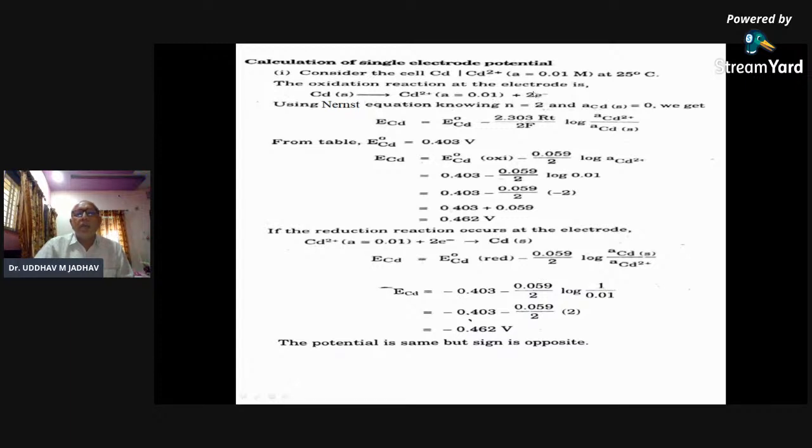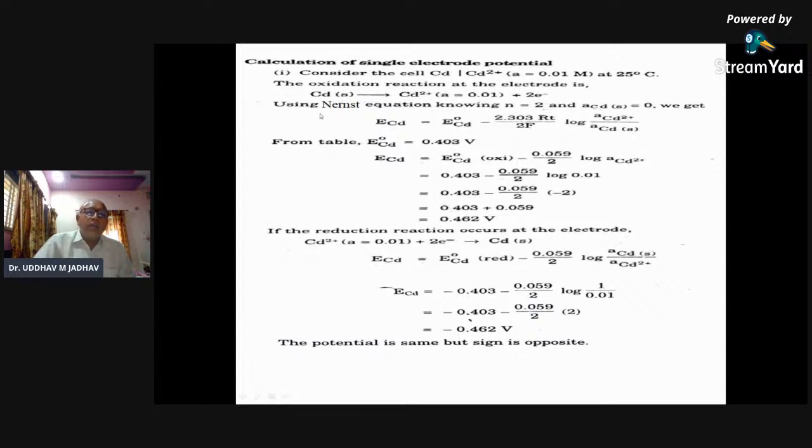Now see here, this n in that equation is 2, so here n is equal to 2, and activity of Cd2+ is equal to 0.01. If you substitute the activity and n value, then it is given by E naught Cd minus 2.303 RT upon 2F log of the activity of Cd2+ upon the activity of Cd solid.